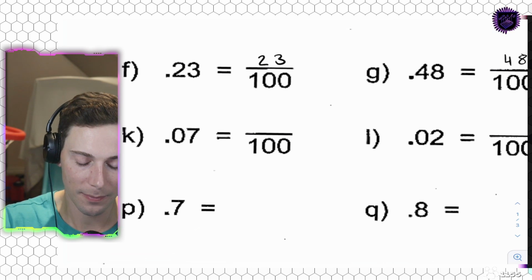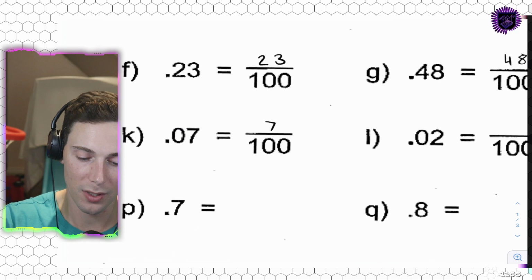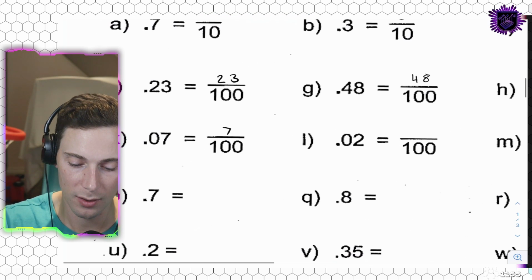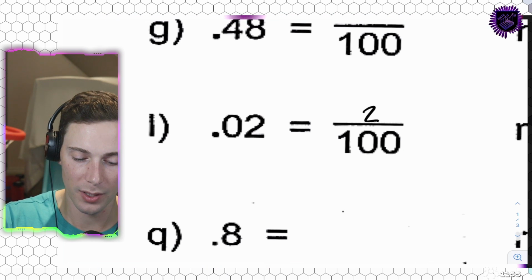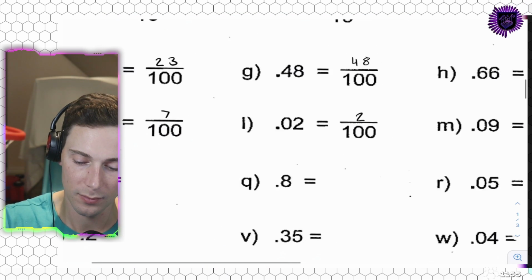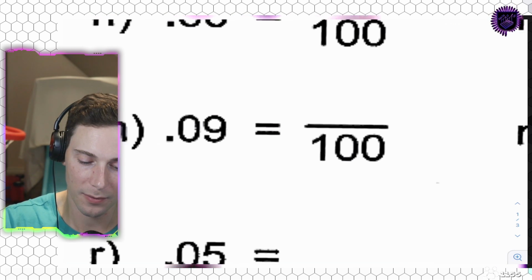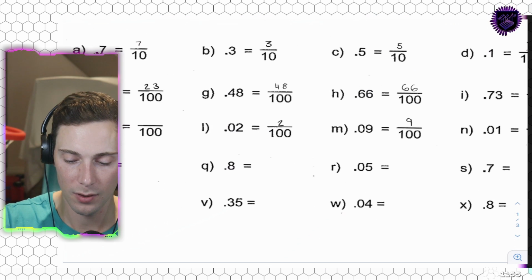Question K. 7 hundredths. 7 over 100. 2 over 100. 9. Interesting. 9 over 100.